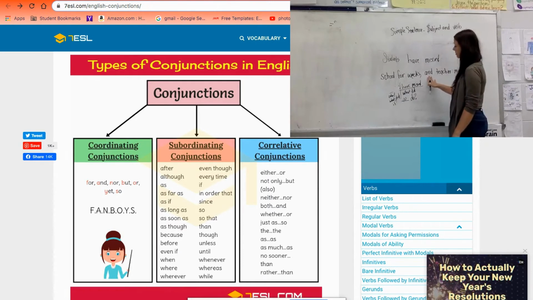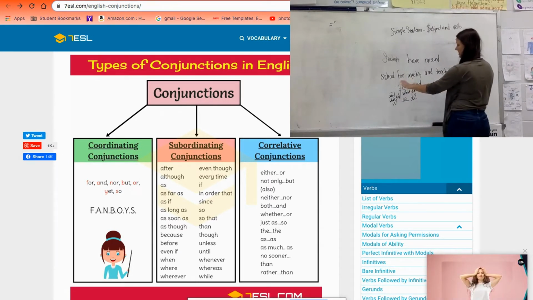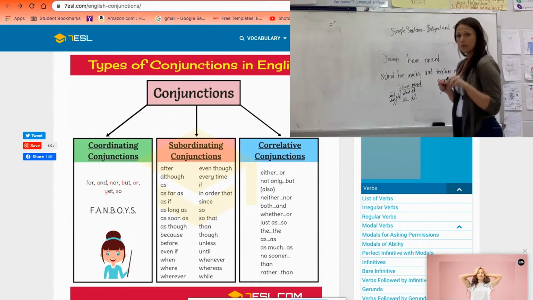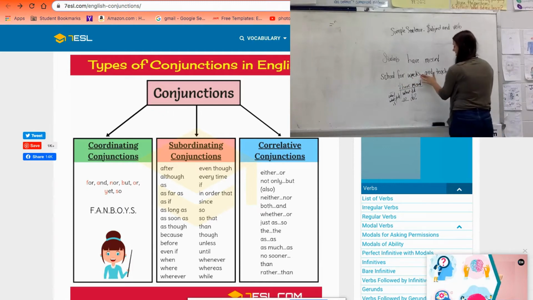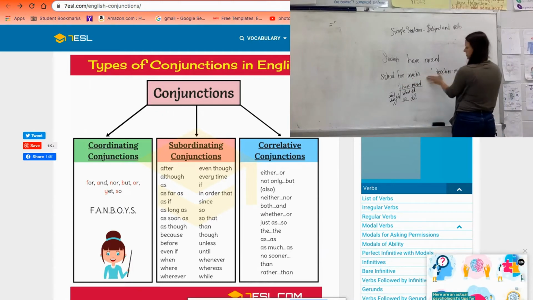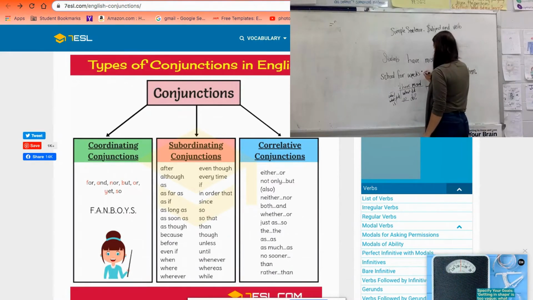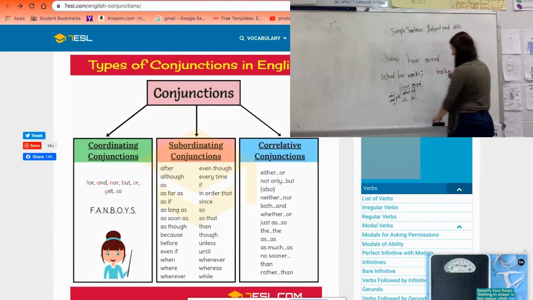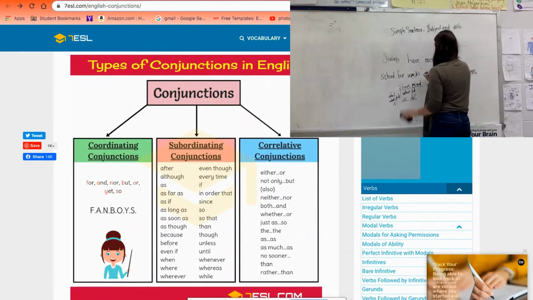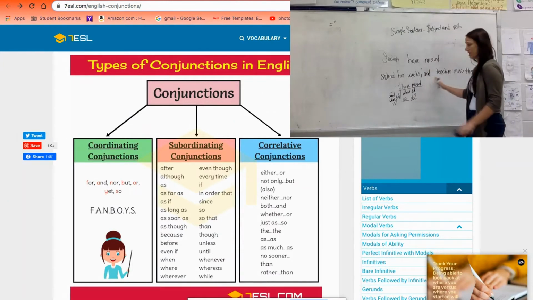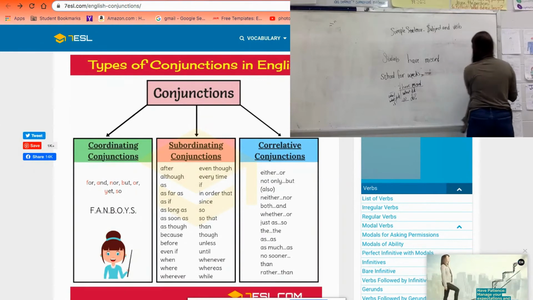So now I have my coordinating conjunction combining two independent sentences. Another way I can combine two independent sentences is with a semicolon, but we are using a conjunction today. So comma, and. What sometimes I see in writing is this right here.